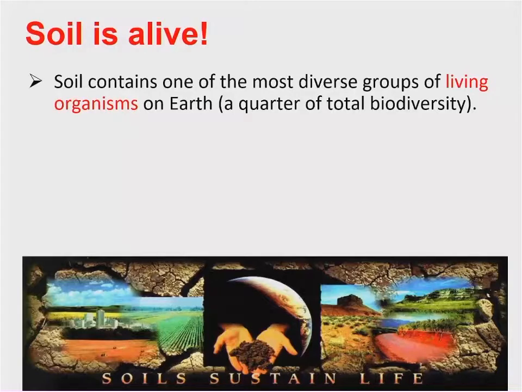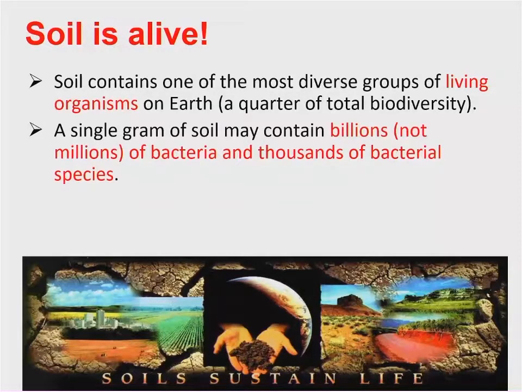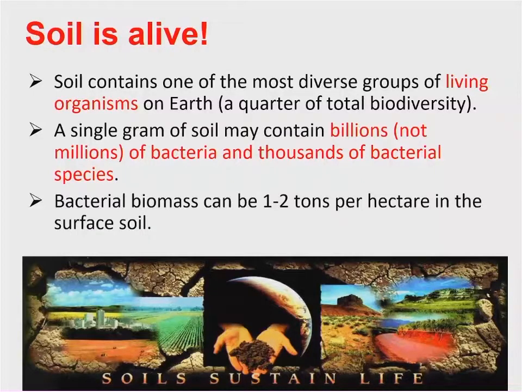The soil contains one of the most diverse groups of living organisms on our earth. A single gram of soil can contain, we say, billions of microorganisms. So you can imagine how big a billion is. And also, bacterial biomass can be 1 to 2 tons per hectare in the surface soil.